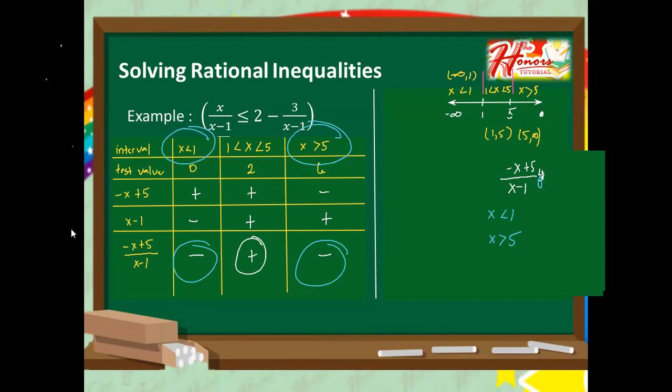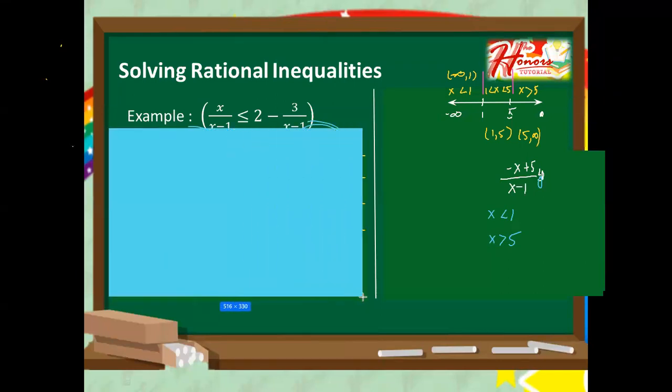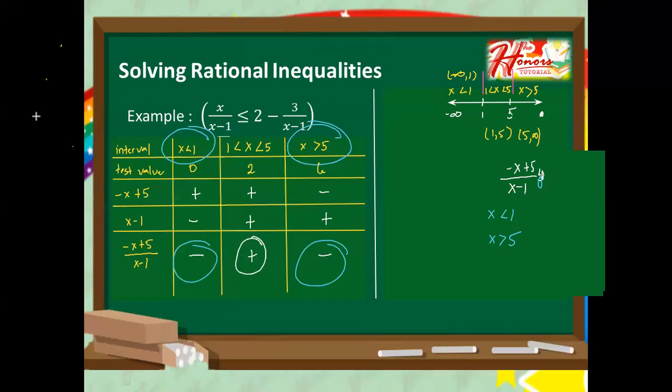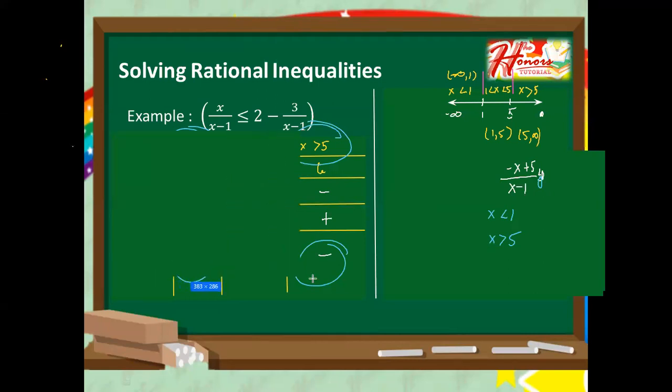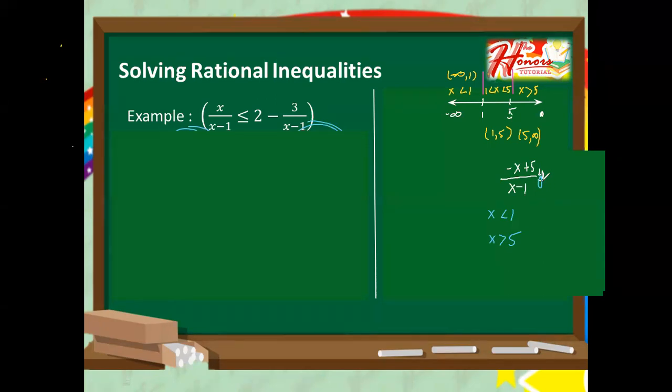So therefore, we should have one number in either x is less than 1 or x is greater than 5 that will contain the equal to part.